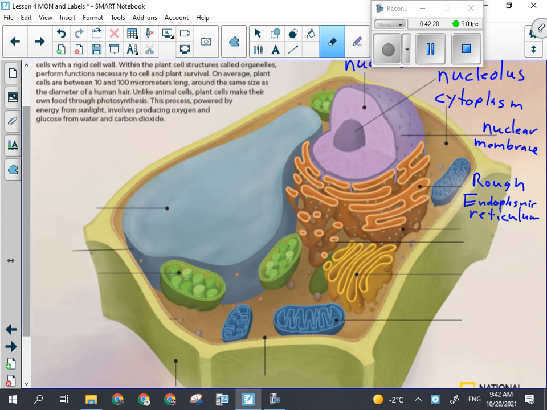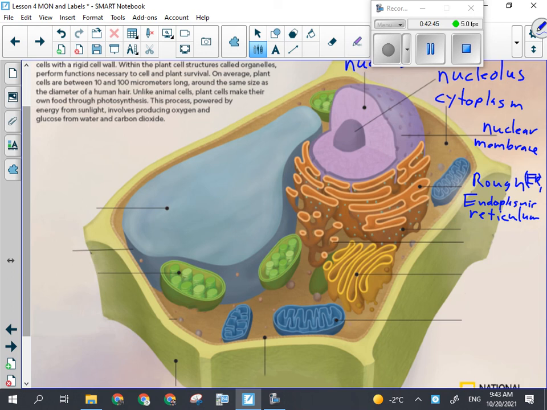So you can just call this rough ER. On a quiz or a test, you can just write rough ER.